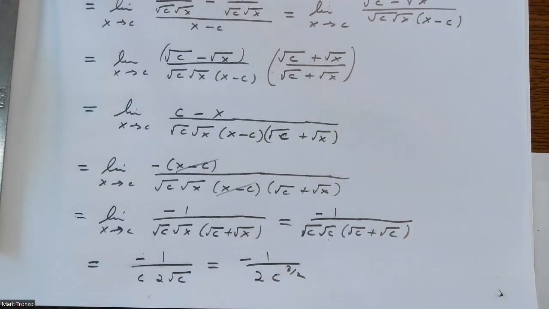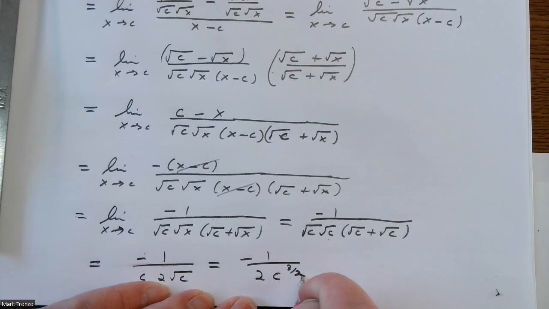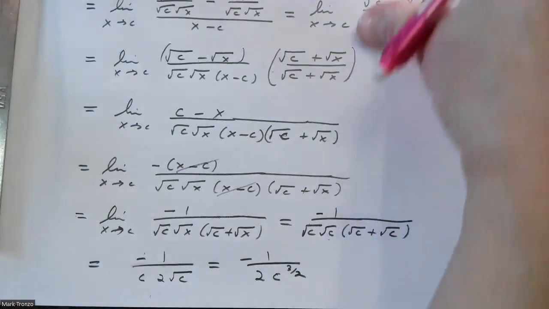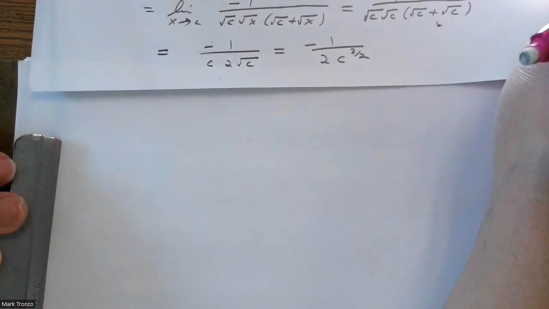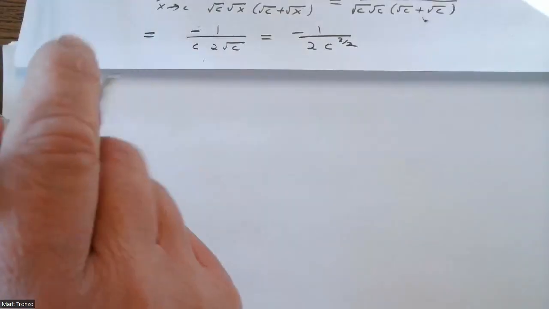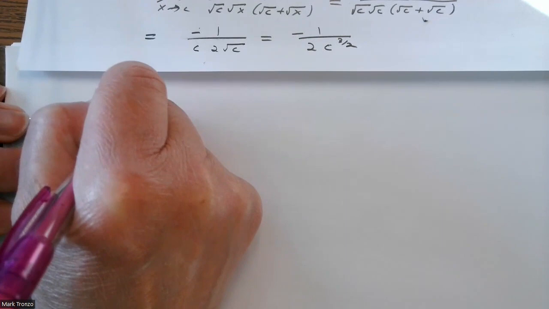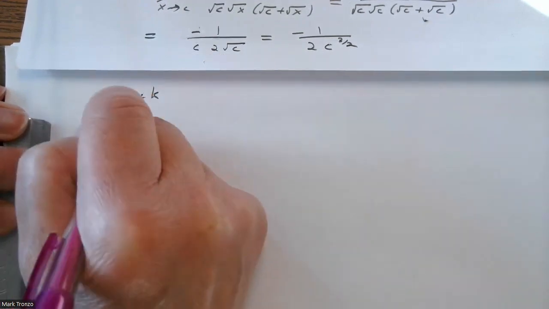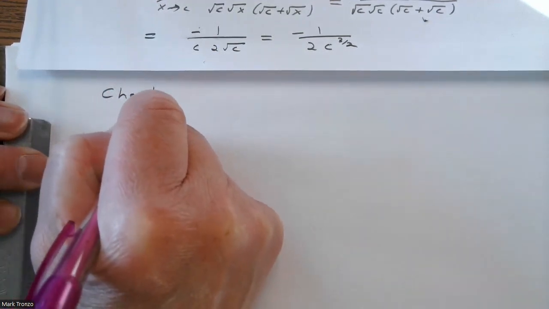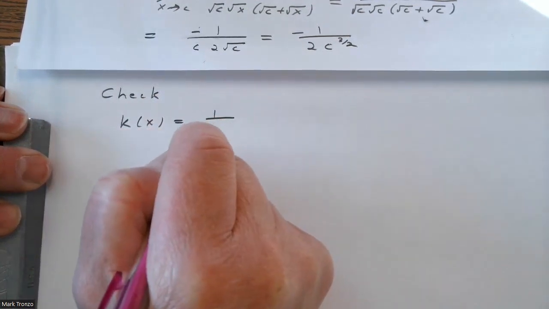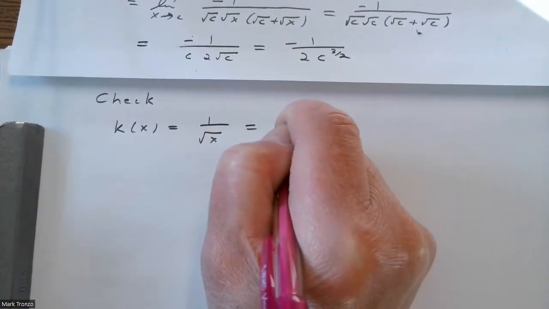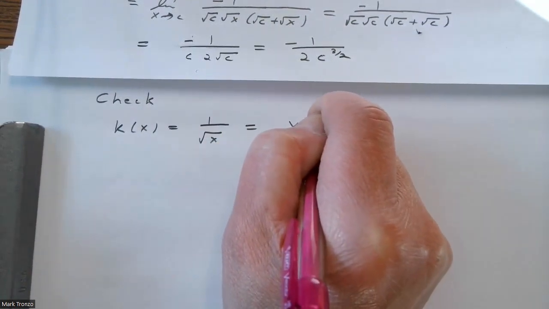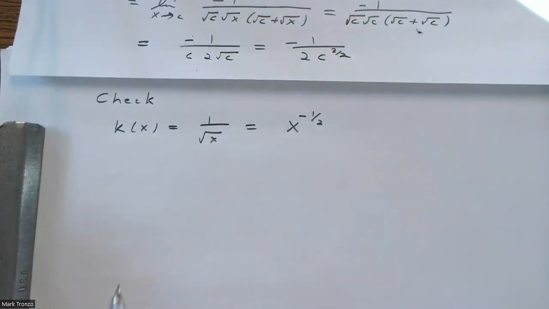Now we can always double check it. Usually we need to know this in cases where we can't do the derivative with a rule, but let's just double check it. If we're given k of x equal 1 over the square root of x, that's going to be equal to x to the negative 1/2.